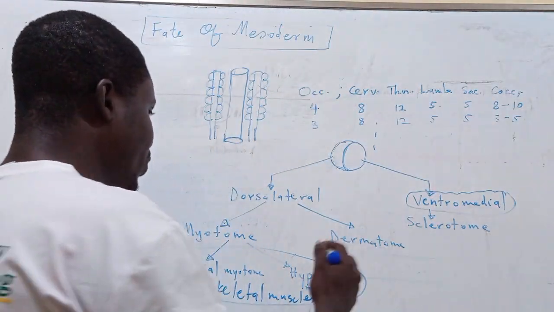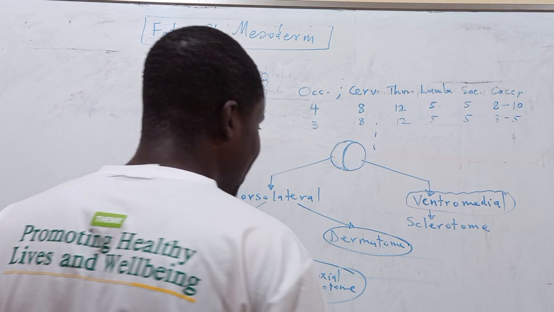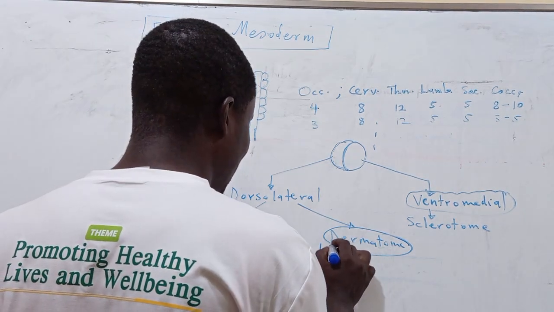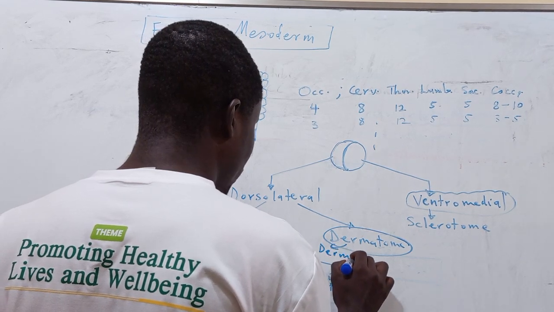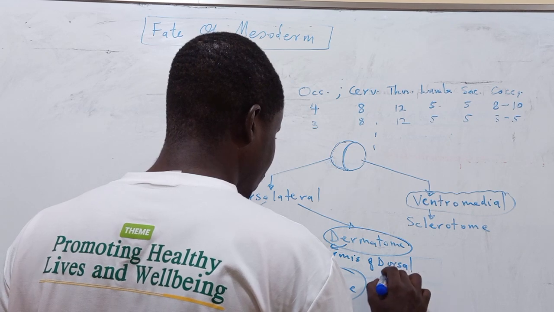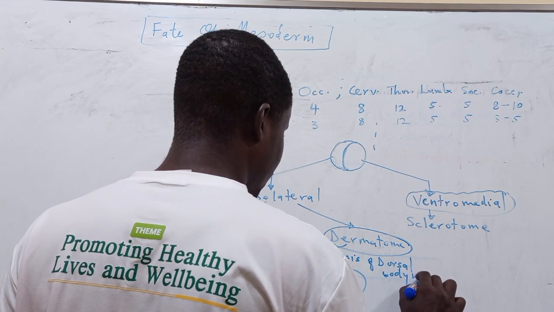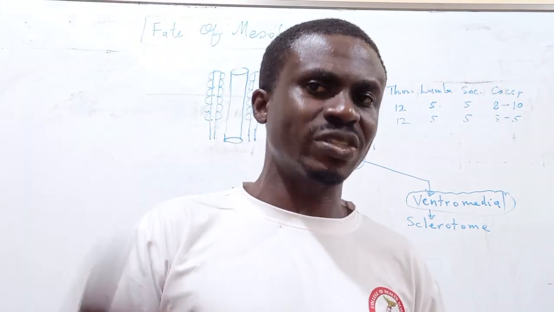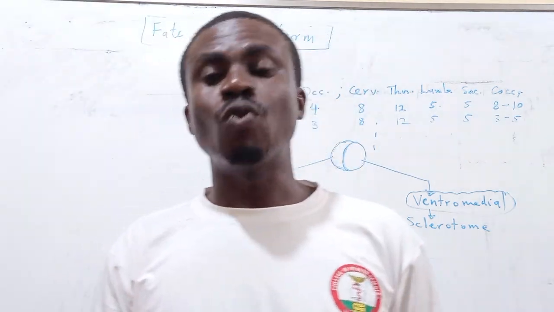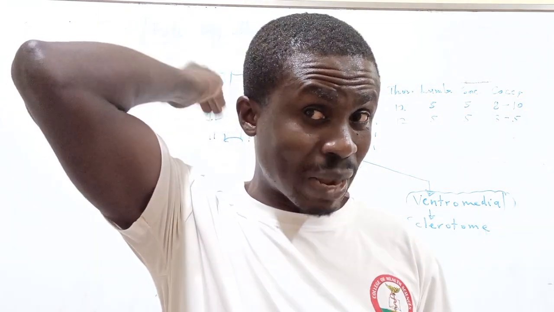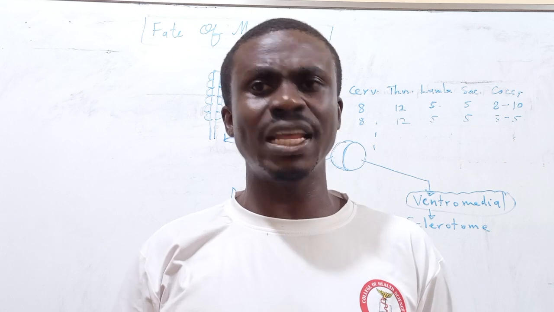So I want to put down that this dermatome is the one which gives rise to the dermis of the dorsal body wall. Now my friends, whenever I talk about the dermis of the dorsal body wall, what I want you to be aware of is that I'm talking about the dermis of the back. That's what I want you to know.